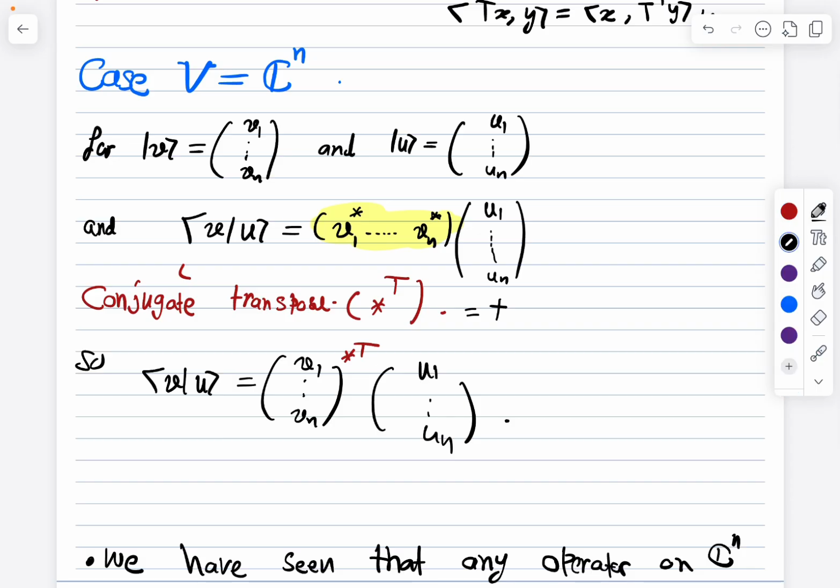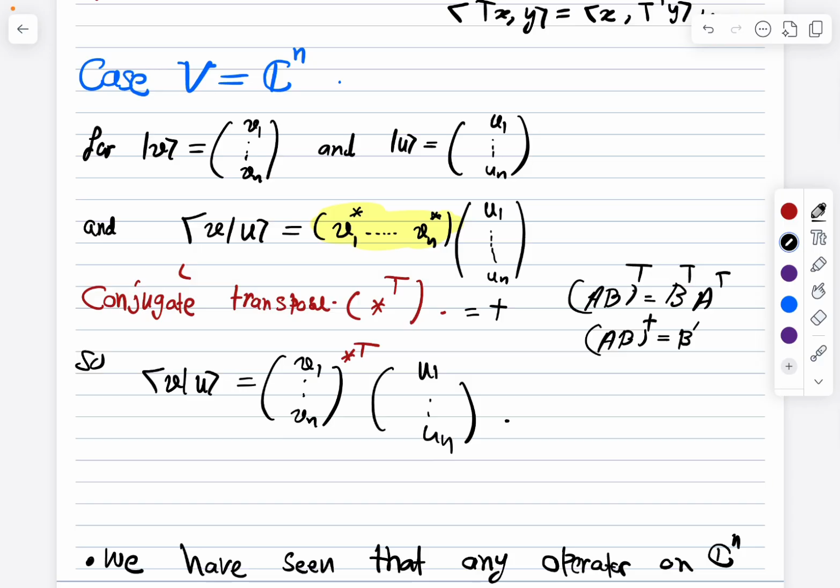So if you take the conjugate of each element and then the transpose, we call it a dagger. For example, we know that if we take the transpose of AB, you will get B transpose and A transpose, so you flip the order. This clearly works if we take the dagger, because taking the conjugate first will not change the order. The only one that affects the order is the transpose.